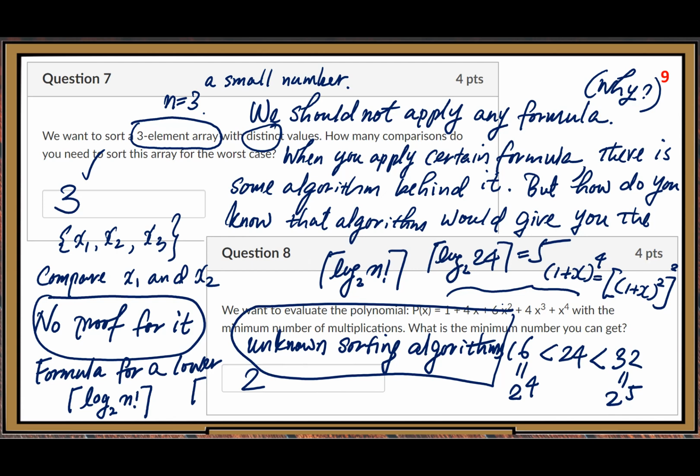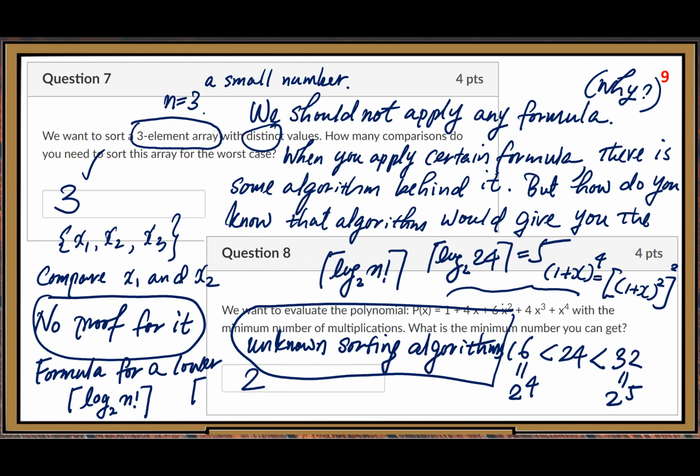It covers all those, known or unknown. Doesn't matter. It covers all comparison-based sorting algorithms. Can you believe it? Is that possible? Think about that.